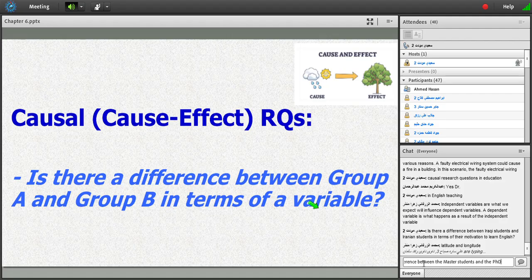I mean, examples in an educational context, in English classes. Can you write some examples of this type of research question in an educational context?